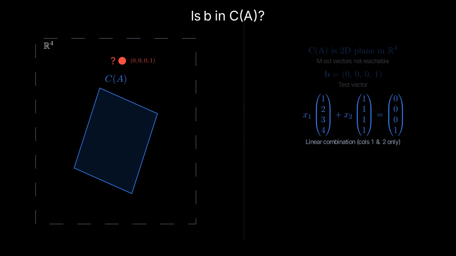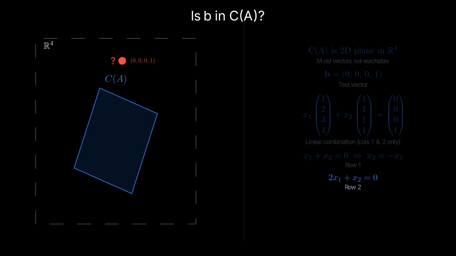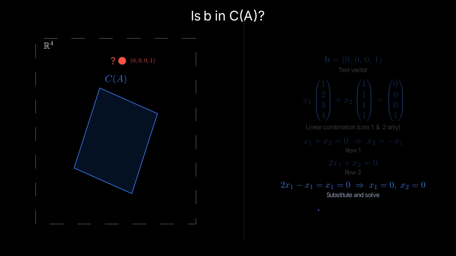Remember, only columns 1 and 2 matter since column 3 is redundant. Row 1 gives us x1 plus x2 equals 0, so x2 equals negative x1. Row 2 gives us 2x1 plus x2 equals 0. Substituting x2 equals negative x1, we get 2x1 minus x1 equals x1 equals 0, and therefore x1 is 0, and x2 is also 0.